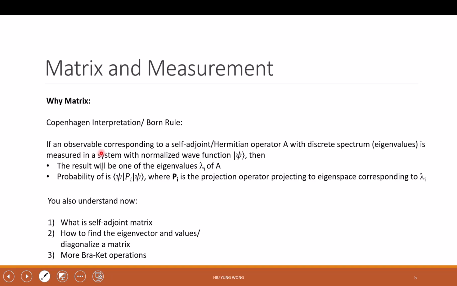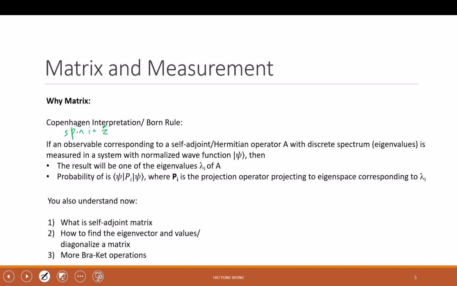If an observable, firstly, observable is what? It's something you can measure, okay? So for example, maybe we are talking about spin in the z direction, in vertical z. Okay, this is observable, right? We assume the physicists know how to measure the spin of a particle along a certain direction.